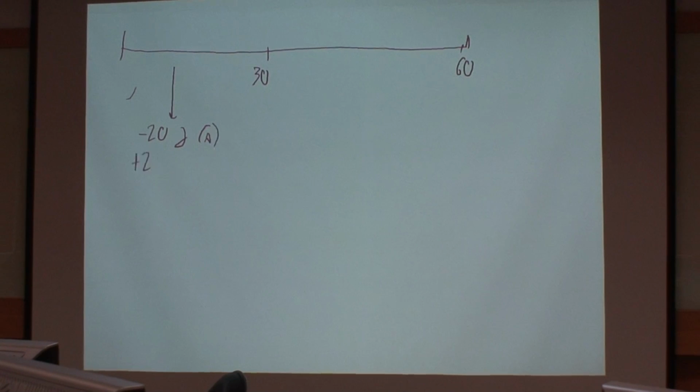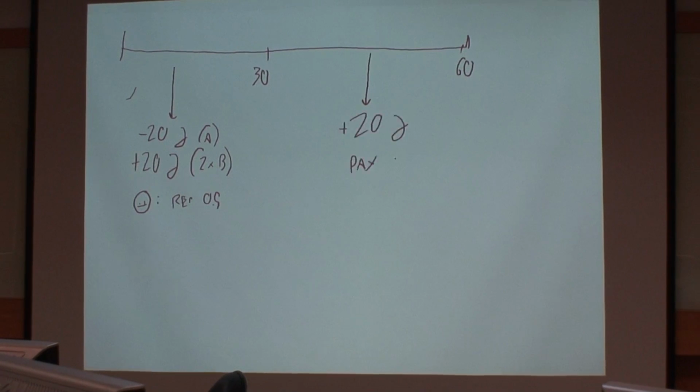So what we have, again, after 30 days, after 60 days, between now and 30 days, I'm short 20 gamma from option A, long 20 gamma from being twice long option B, and in theta I receive a half. But after expiry, you notice that I'm long 20 gamma, for which I pay 3.